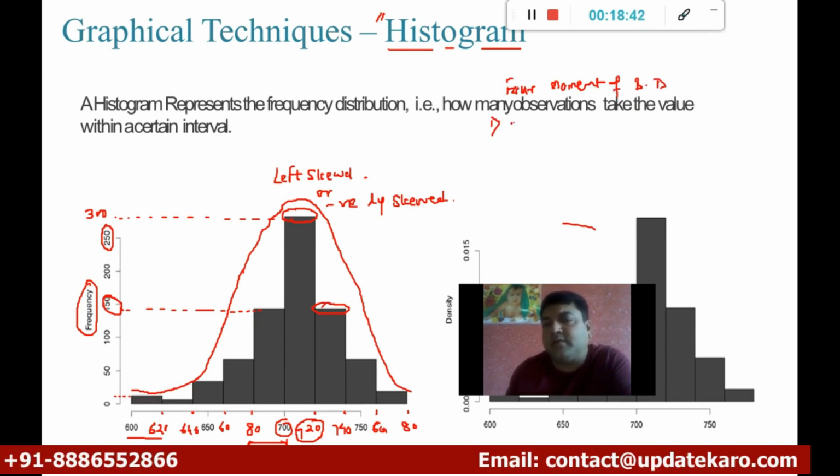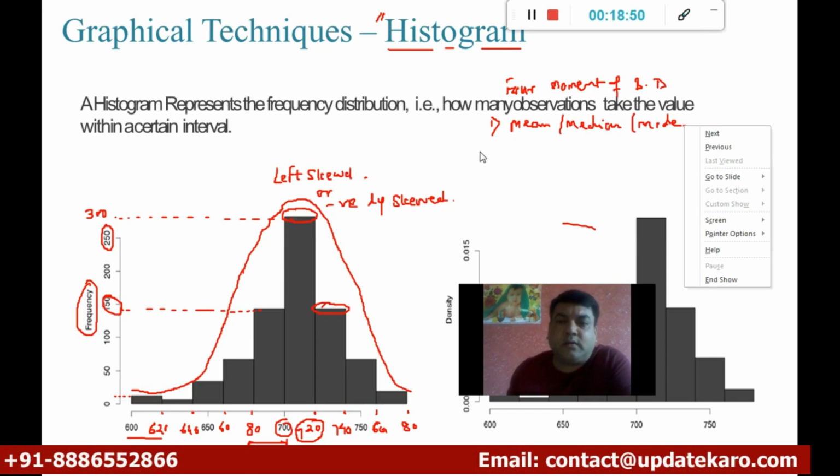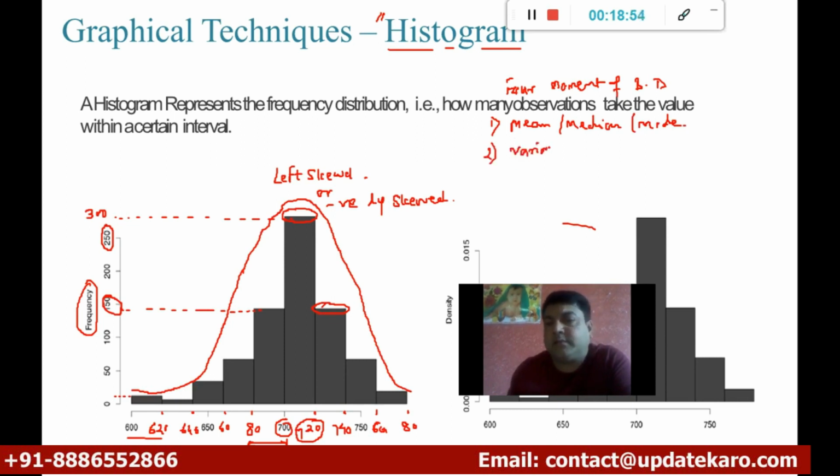So obviously we shall think about the mean, median, mode of the data, or we can also think about variance, standard deviation, or range. All of them, or at least any one of them. Third moment, skewness, which we have already seen. Fourth moment, kurtosis.